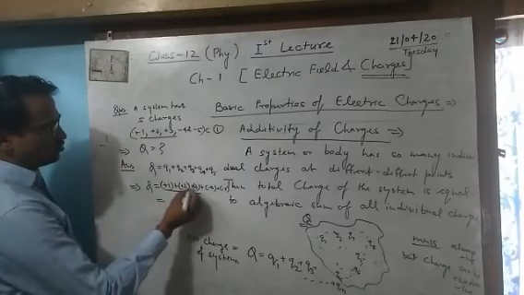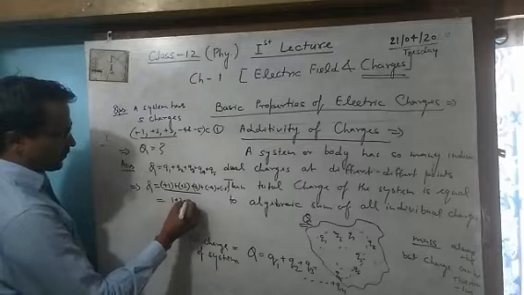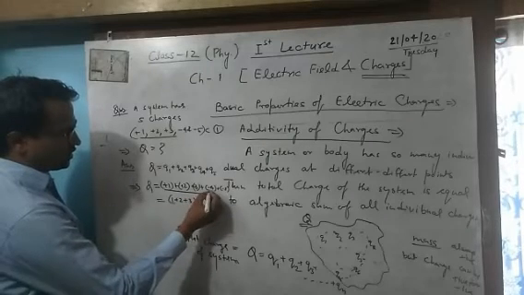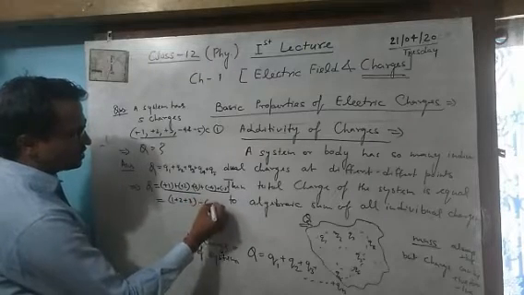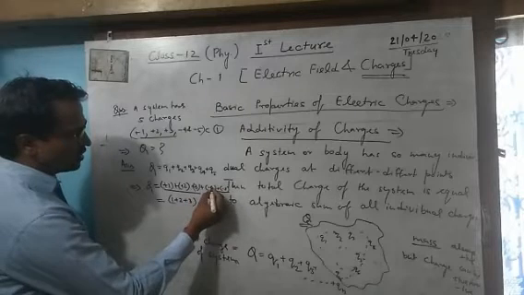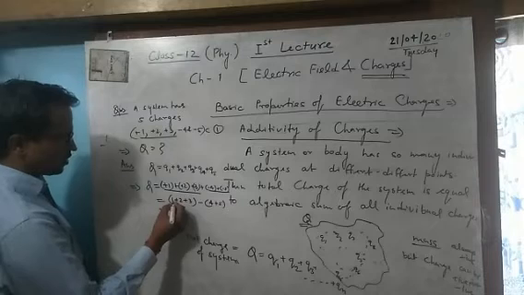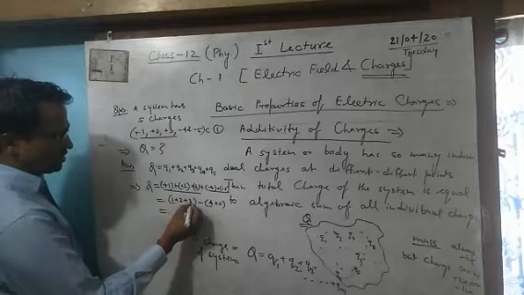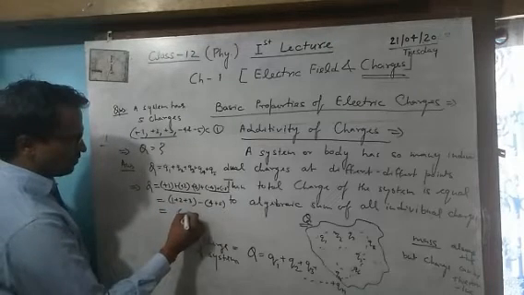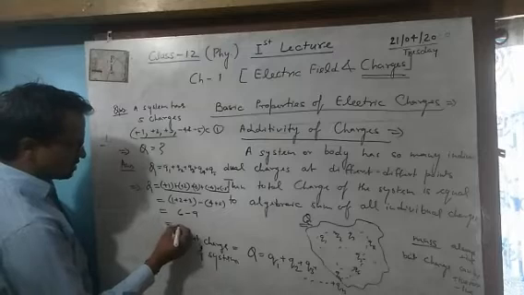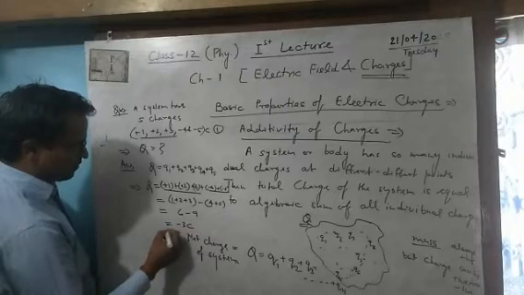So these are positive numbers, 1, 2, 3, and these both are negative numbers. Minus is common, 4 and 5. 1 and 2, 3 and 3, 6. 4 and 5, 9. 6 minus 9 is minus 3 coulomb.